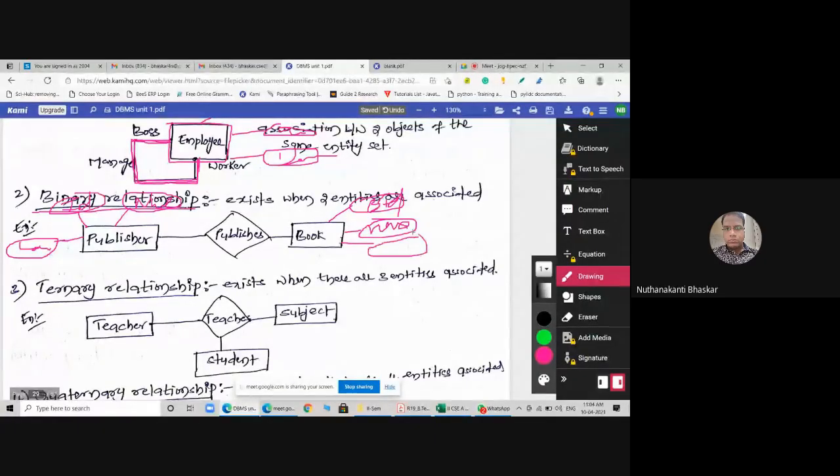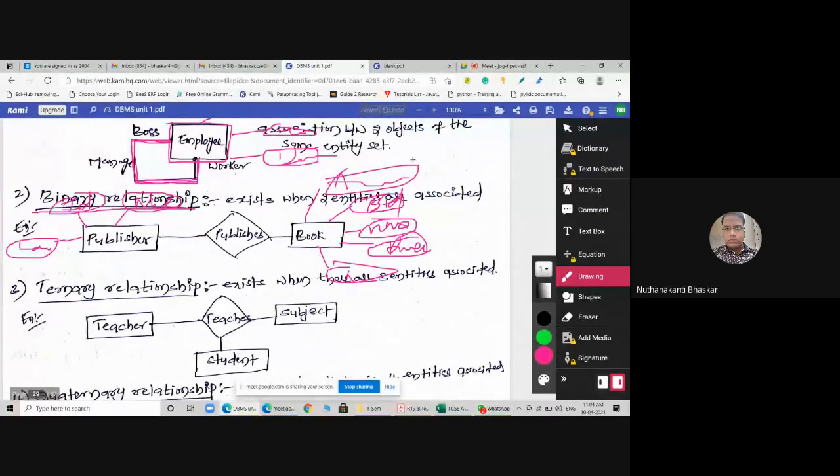Book ID, book name, price, number of pages, author, all these will come as book attributes. Now, when I want to provide a relationship between these two entities, two are participating in this relationship, so it is called a binary relationship.